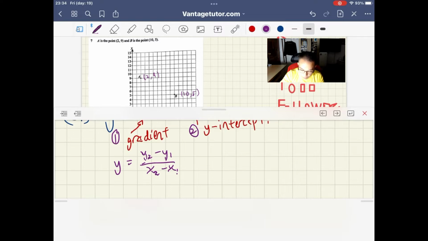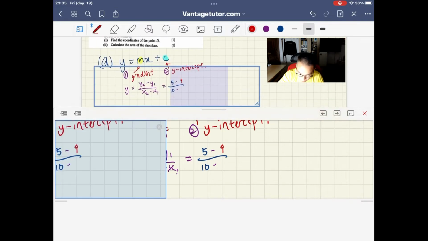So the gradient equals, for B (10, 5), I sub in 5 as my y coordinate first, then 10 as my x coordinate, then minus, copying the formula, my other point (2, 9), so 9 and 2.